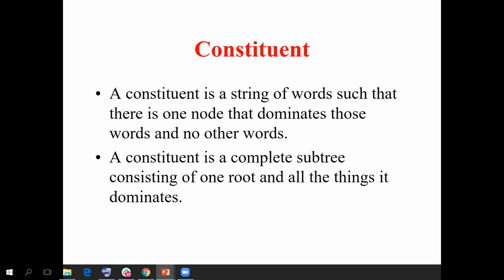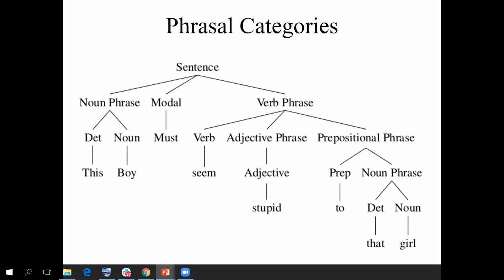If you just grabbed that non-terminal symbol and yanked it out of the tree and everything under it came along with it, that would be the constituent. We've already gone over lexical categories, parts of speech: determiner, noun, verb, adjective, preposition, and we have phrasal categories like noun phrase and verb phrase.